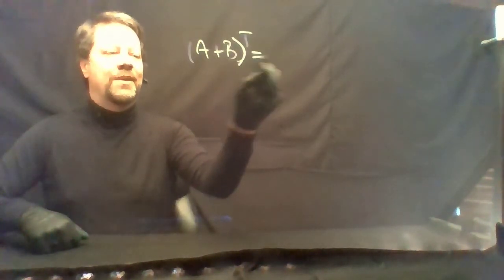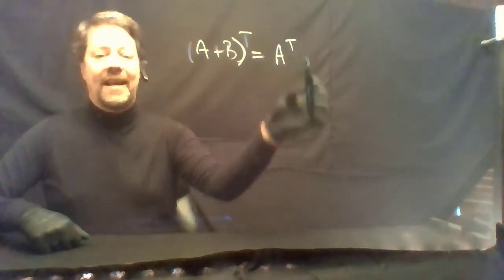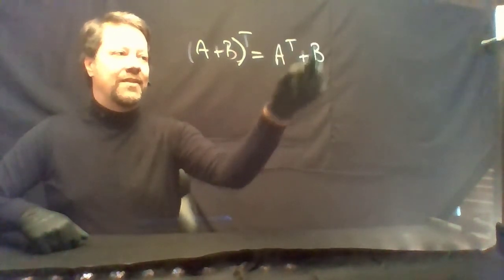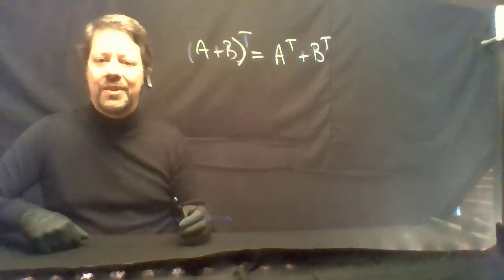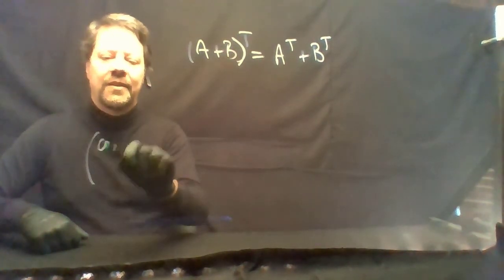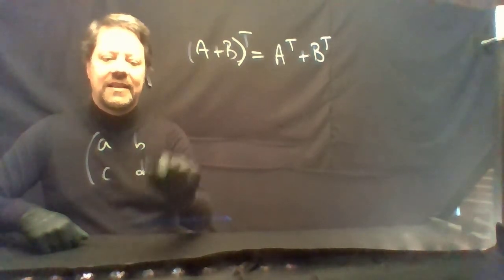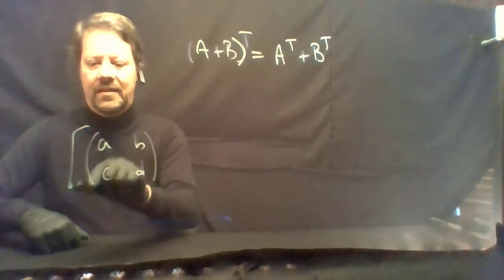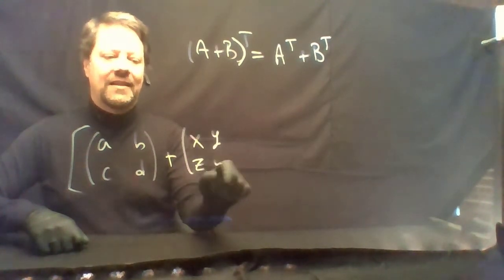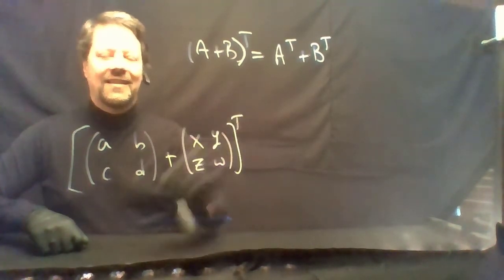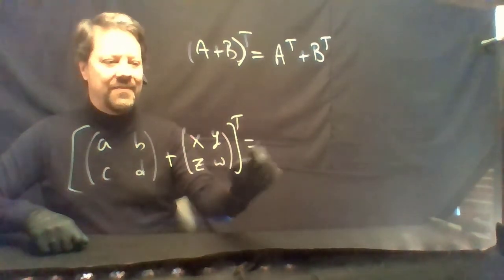A plus B transpose. That is A transpose plus B transpose. Yes, the transpose operation distributes. Let me show you. We have A, B, C, D plus X, Y, Z, W, and we want to transpose these.